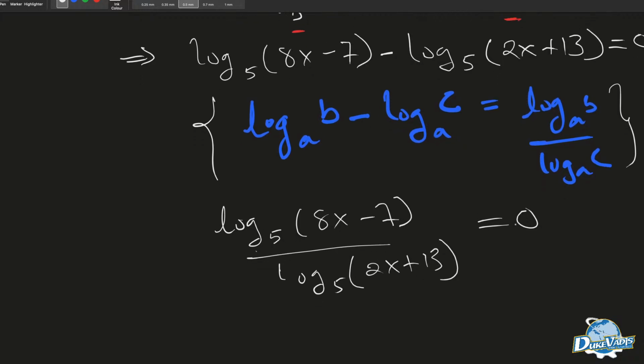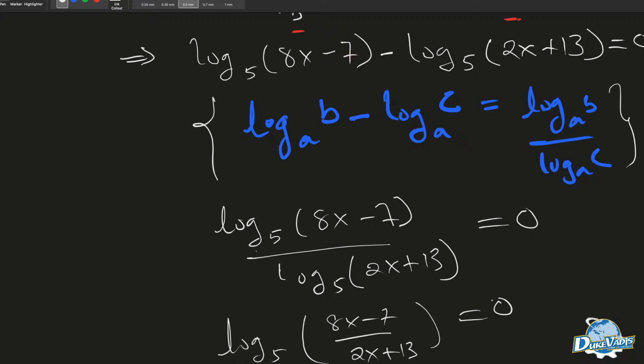Then this can be simplified as log to the base 5 of bracket 8x minus 7 all over 2x plus 13 is equal to 0.